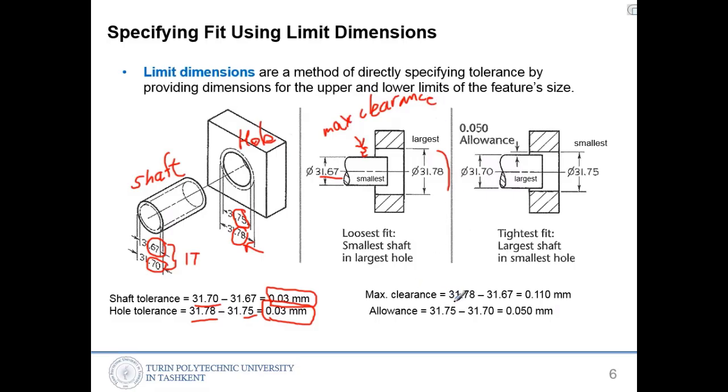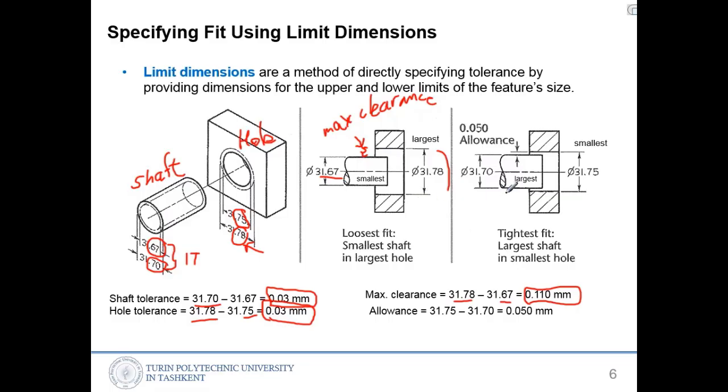From the largest hole, we are subtracting the smallest shaft, and we'll get the maximum clearance value. So that's the loosest fit. That's the bigger allowance inside of this. The smallest shaft in the largest hole will have more room inside.